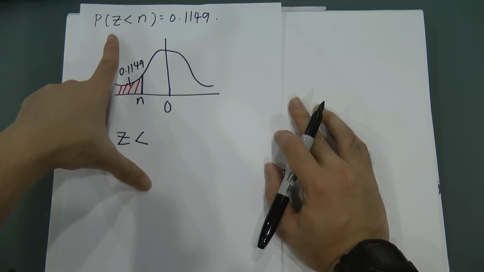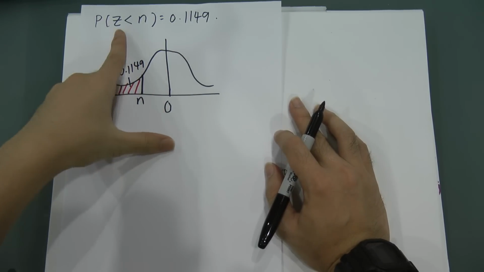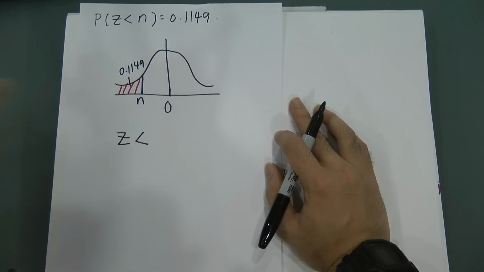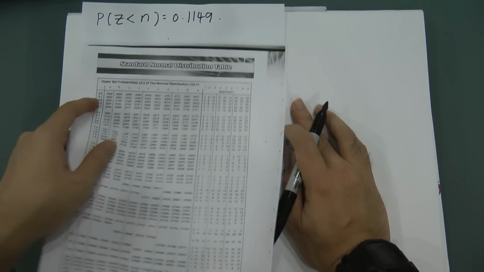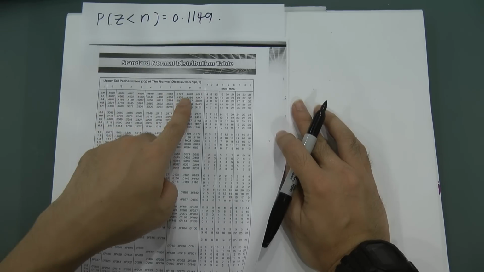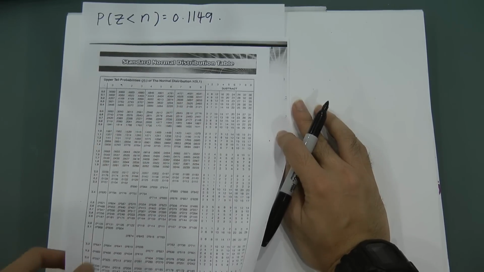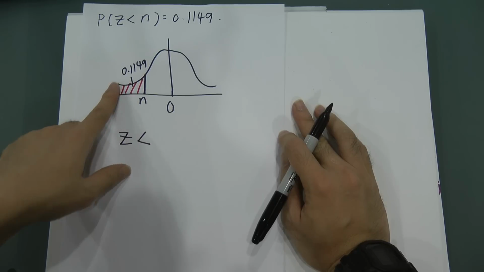Most students make a common mistake here: they straight away go to the standard normal distribution table and look for 0.1149. This is wrong, because 0.1149 is the probability.